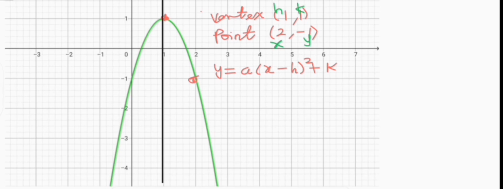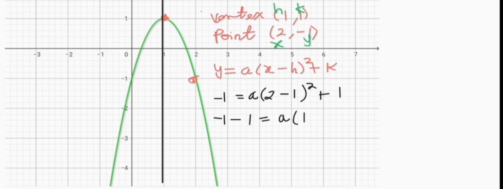So plugging these values in, we have negative 1 equal to a times 2 minus 1 for h squared plus 1 for k. Subtracting 1 from both sides means that we have negative 1 minus 1 on the left, and on the right it is a times 1 squared, 1 being the difference of 2 and 1. So negative 2 equals a, as the square of 1 is 1. So the leading coefficient a is negative 2.